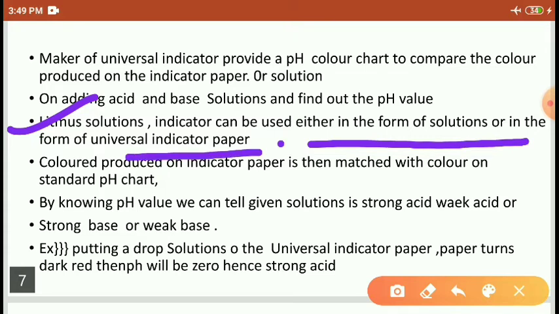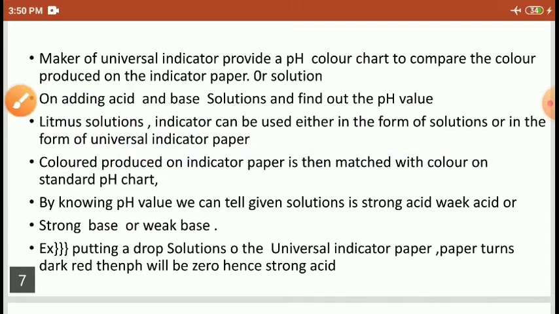Sometimes if indicator paper is also not available, we have to use the litmus solution. Litmus solution is a type of universal indicator which is also used to determine the strength of acid and base. Right, students?